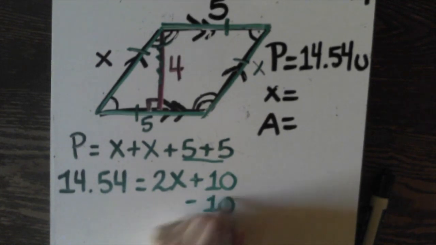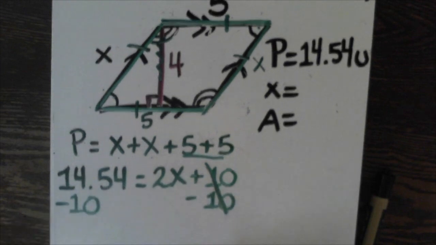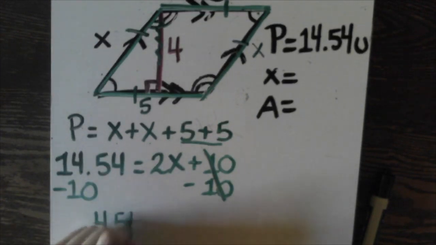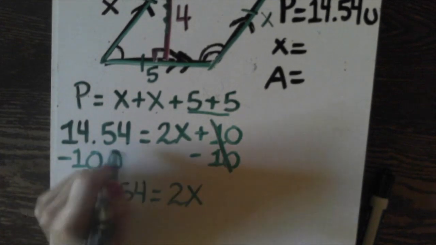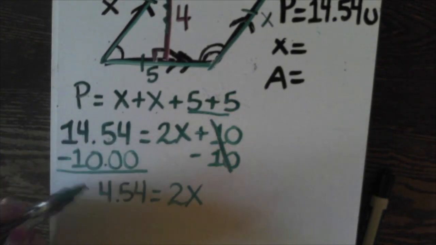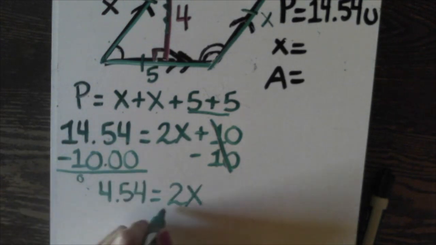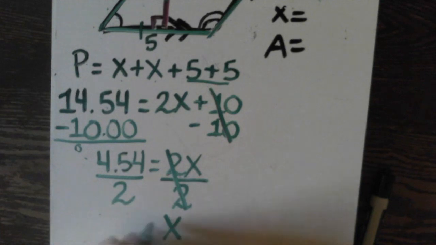When I subtract 10 on both sides, I am left with 4.54 is equal to 2x. If you are subtracting by hand, please remember to put the 0.00 so you can actually subtract properly and not write 14.44. Let's divide by 2 on both sides, and our final answer is x is equal to 2.27.